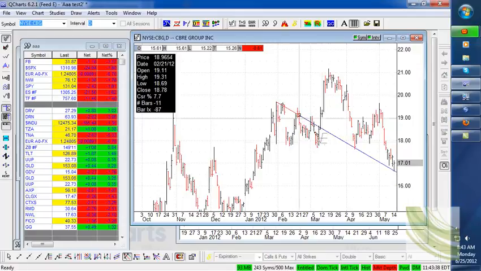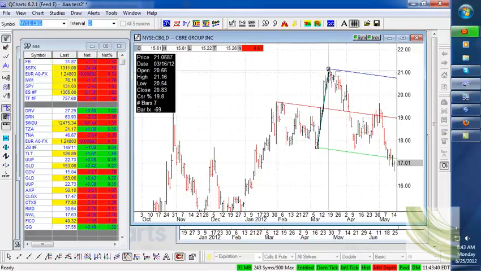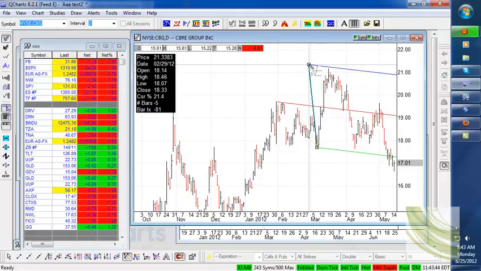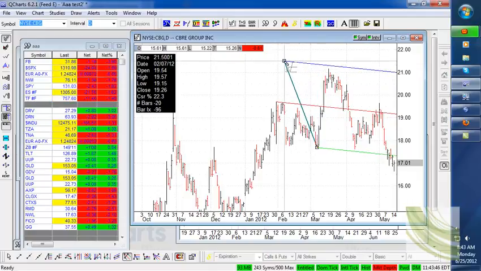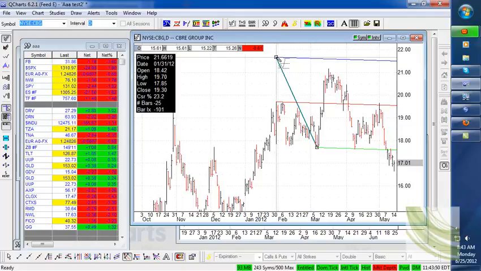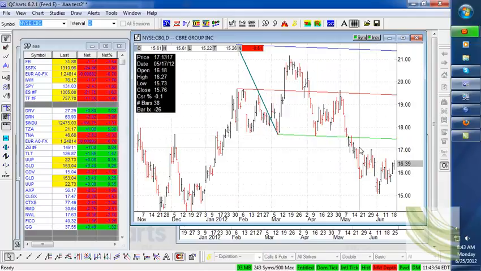Anyway, let's just look at the lower line. Here we have this lower line, and notice that when you have this Head and Shoulders thing, it often likes to pull back to it and then go further.